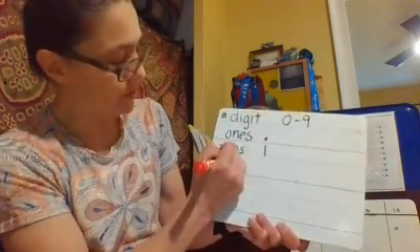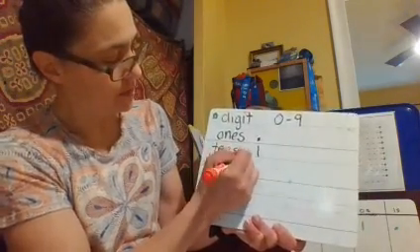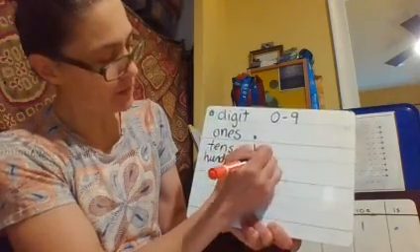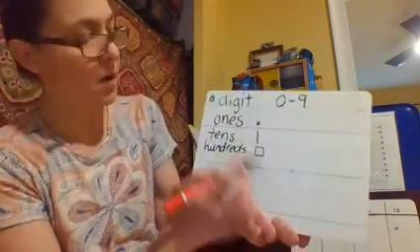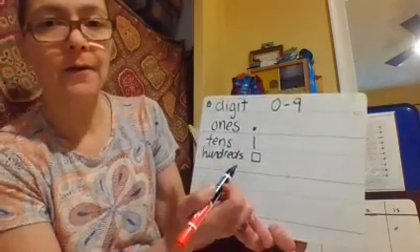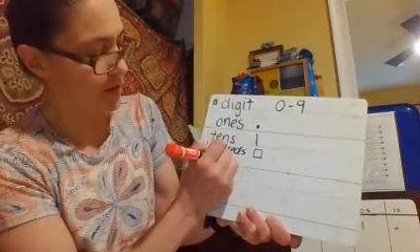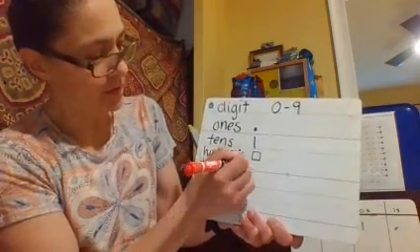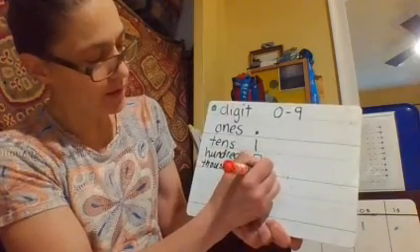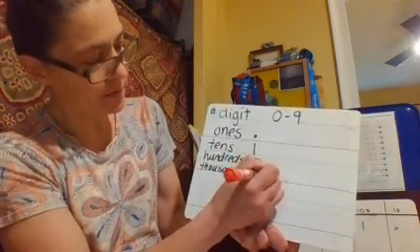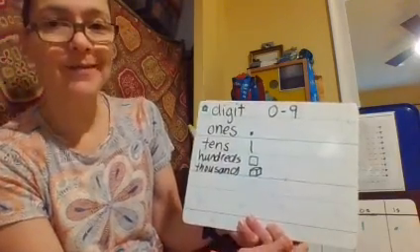We have the hundreds, and that is the square, and the model is drawn like that. And now we have 1,000, and the 1,000 is drawn as a 3D cube, right?